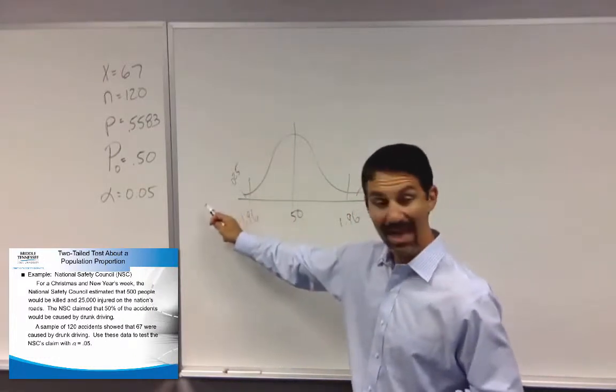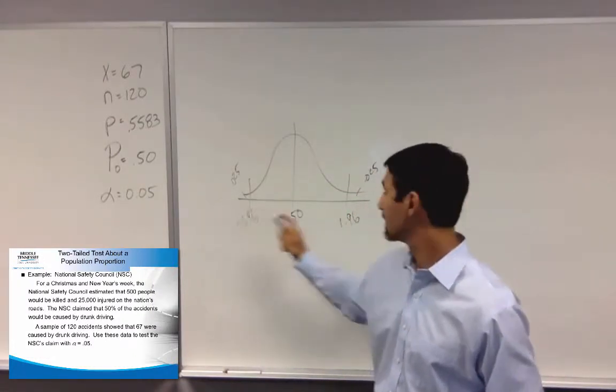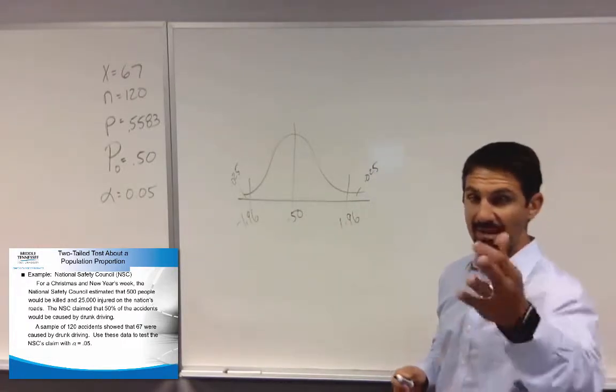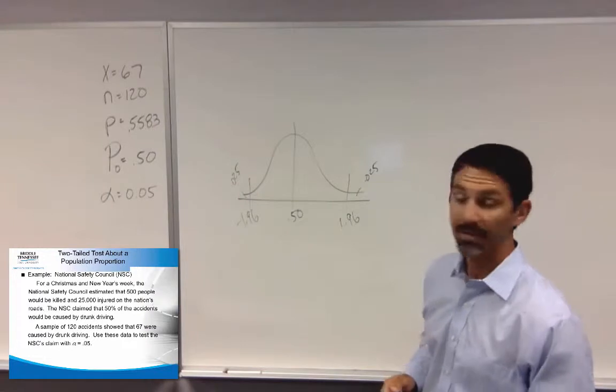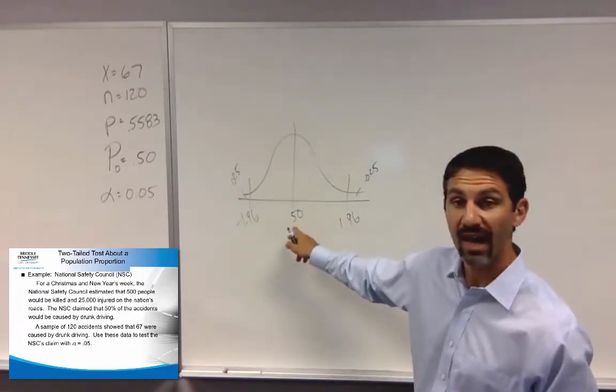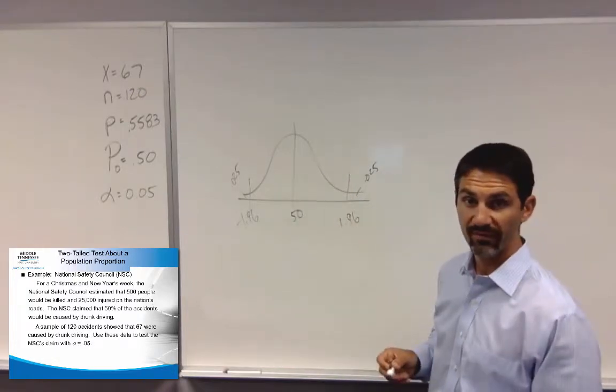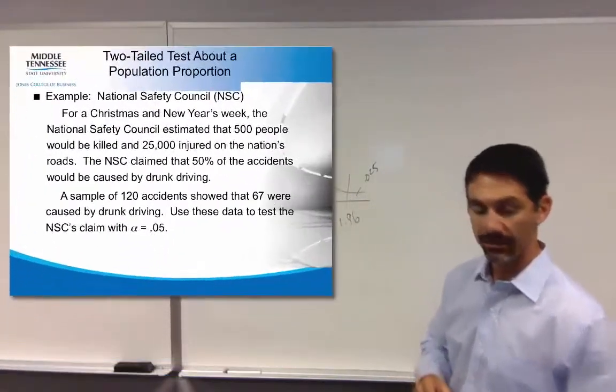So if we're in this tail, we're significantly different. If we're in this tail, we're significantly different. Obviously, 67 divided by 120 is greater than 0.5, but is it out here or is it somewhere close to the 0.5? That's what we want to know.